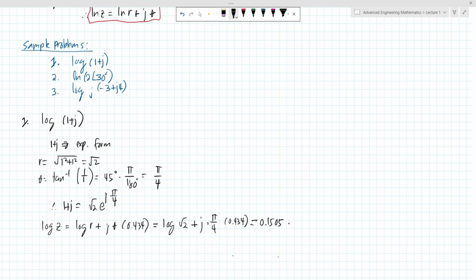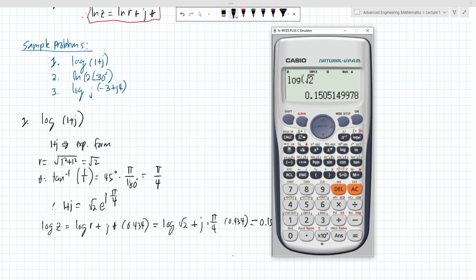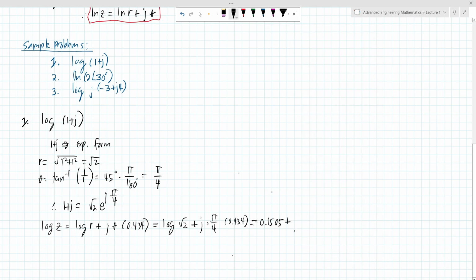And then plus pi over 4 multiplied by 0.434. Pi over 4 times 0.434 is 0.3409. So this is the equivalent expression for the logarithm of 1 plus j.